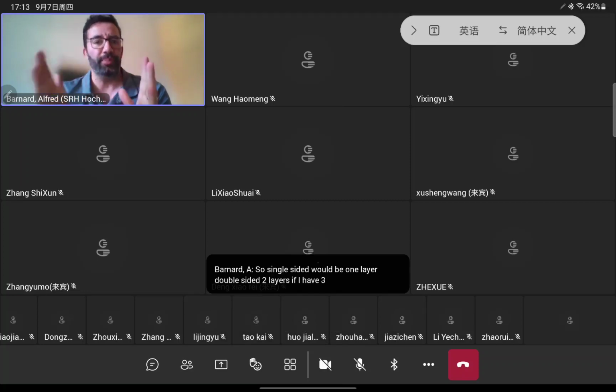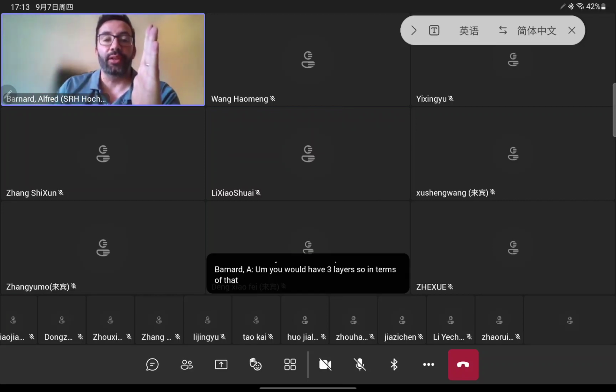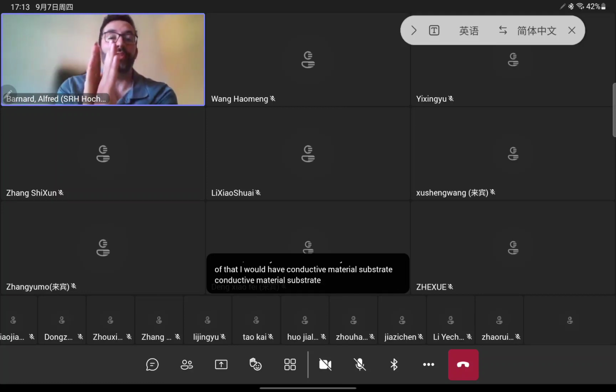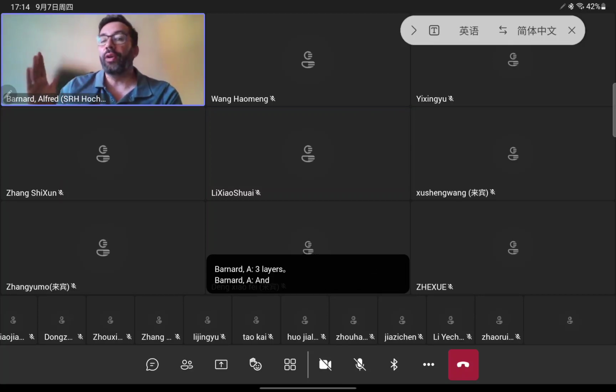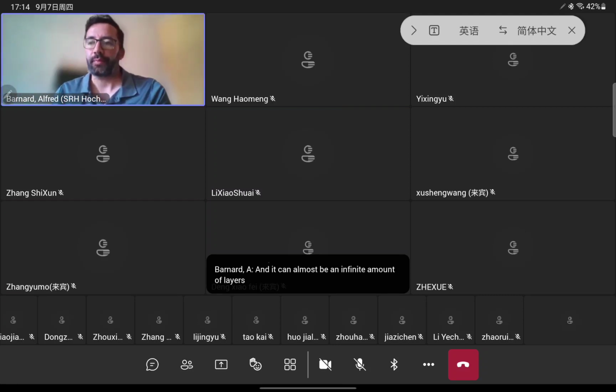If I have triple-sided, you would have 3 layers. So in terms of that, I would have conductive material, substrate, conductive material, substrate, and conductive material. 3 layers. And it can almost be an infinite amount of layers.